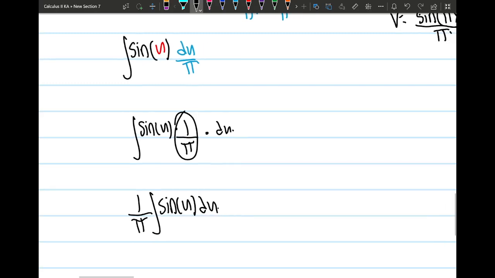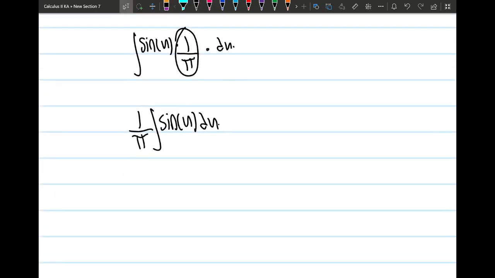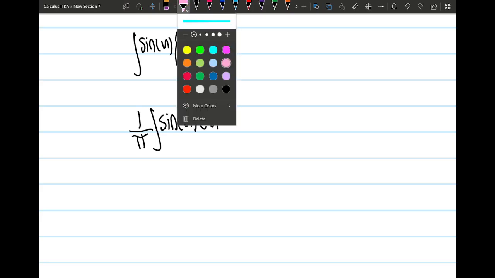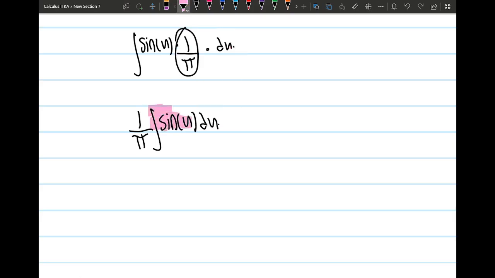Okay, and now we're going to do the integral of sine of u. The integral of sine of u is really negative cosine of u. So it's going to be 1 over pi times negative cosine of u.